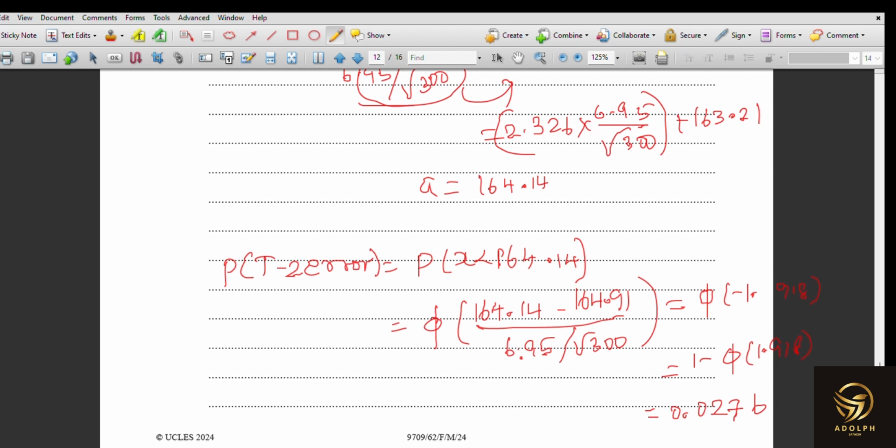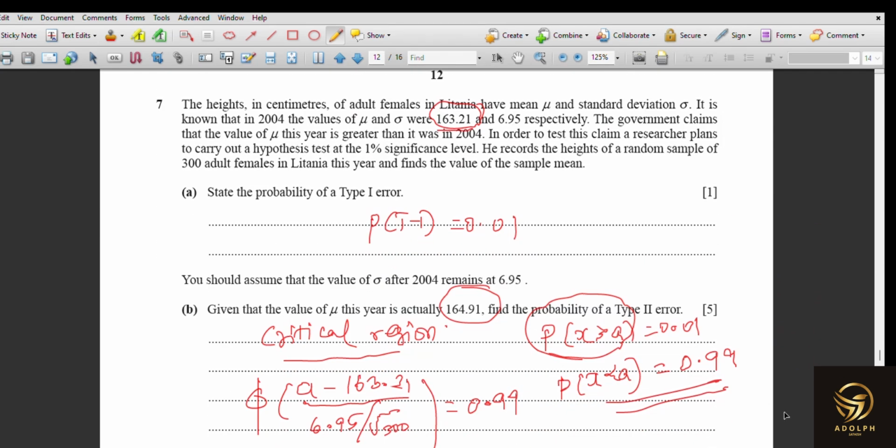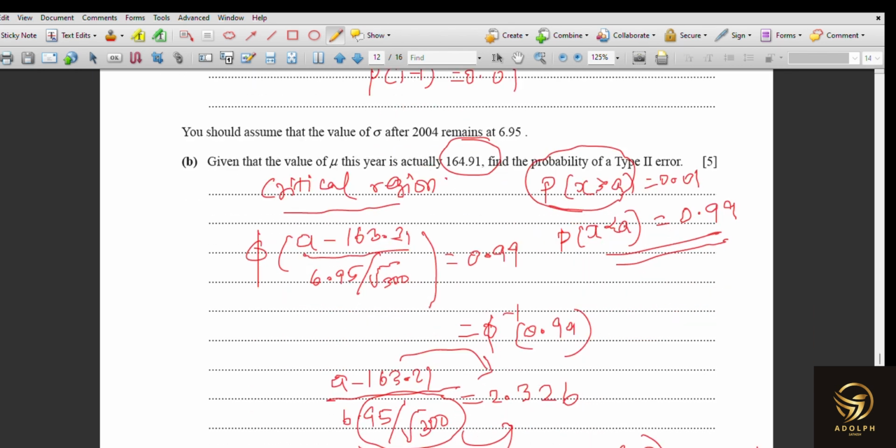And here I should keep two things in my mind: whenever I'm finding the type 2 error, two things I will have to do. The one is the critical region and then the type 2 error. For the critical region, whatever is given, if it is probability of x greater than a, we use that; if the value is less than, we should use x less than a. But here they gave it as greater than, so I'm just using it and I'm getting the critical region value.